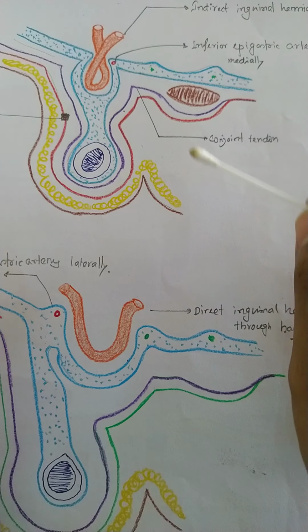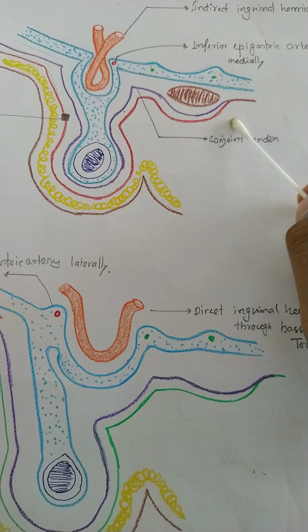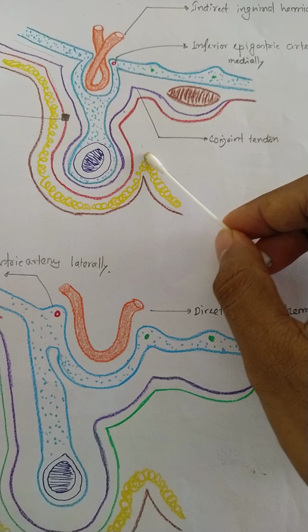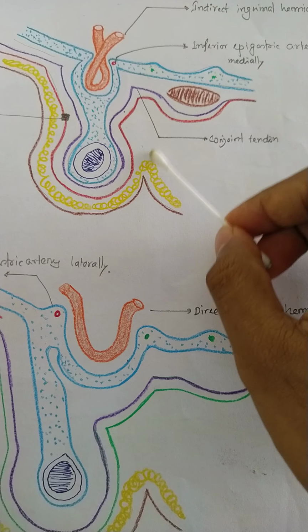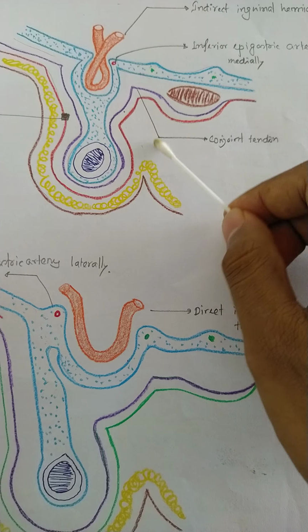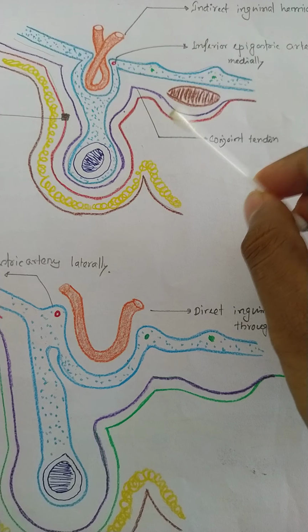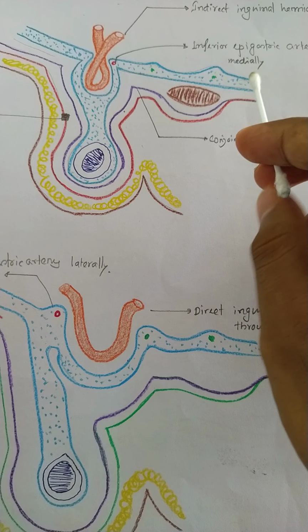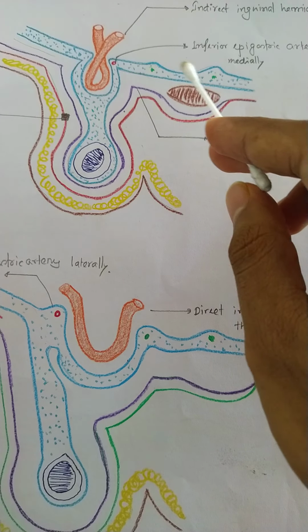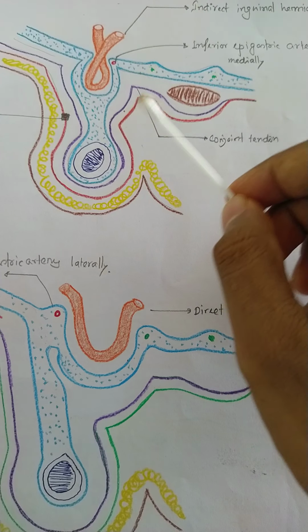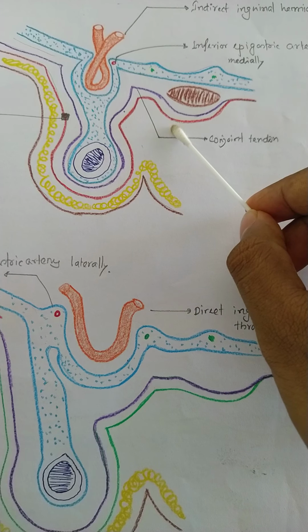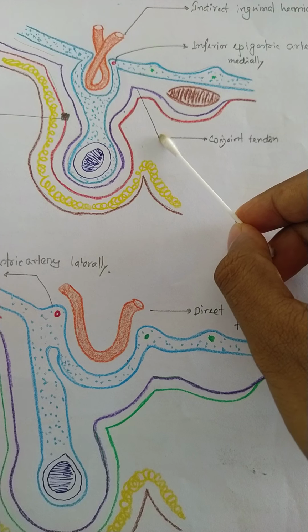The most common hernia is called the inguinal hernia. The inguinal region is one of the weak regions of the abdomen, and weakness is very common there. To understand the hernia, we must know the basics.